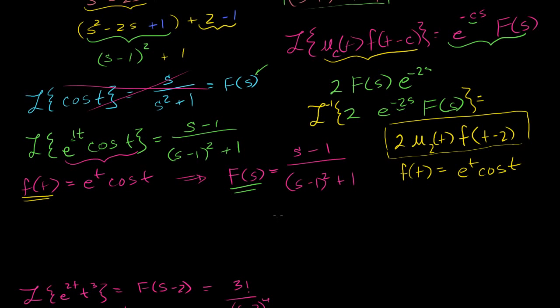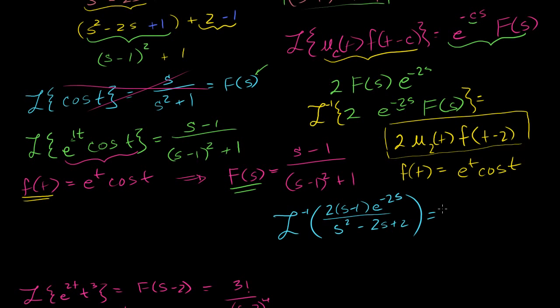We established that the inverse Laplace transform of 2 times (s minus 1) times e to the minus 2s over s squared minus 2s plus 2 is equal to this thing, where f of t is this.